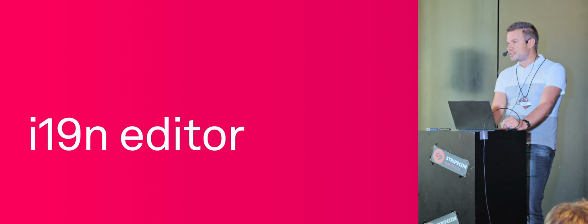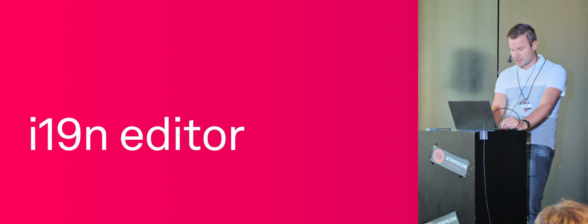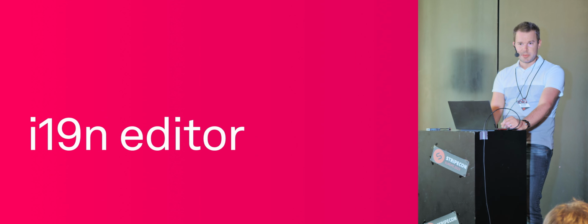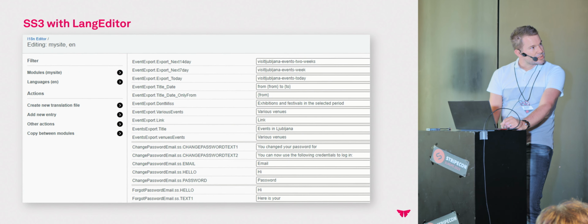Most of our projects use multi-language websites. And since Silverstripe 3, we've been using Uncle Cheese's language editor, which enabled you to edit YAML files. Here's a screenshot of it.